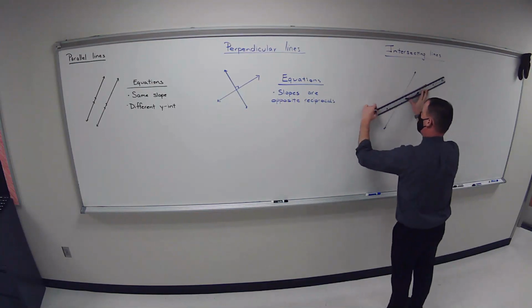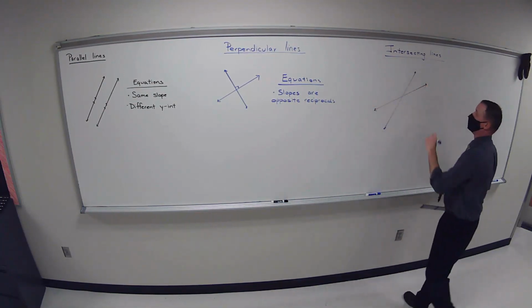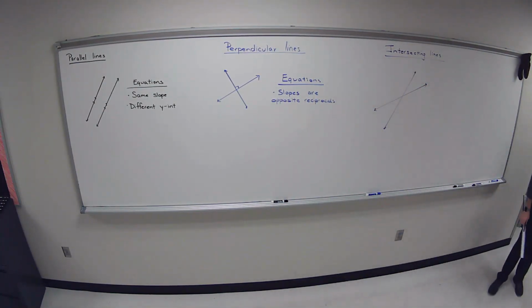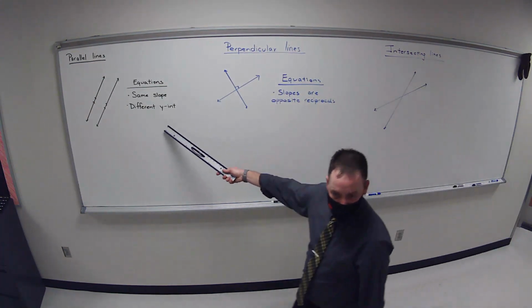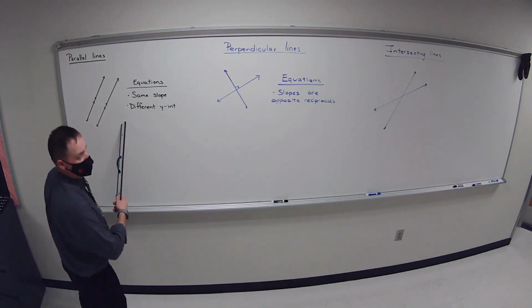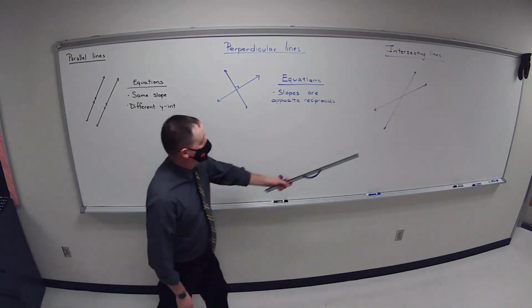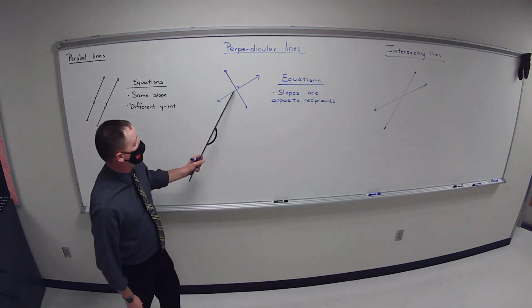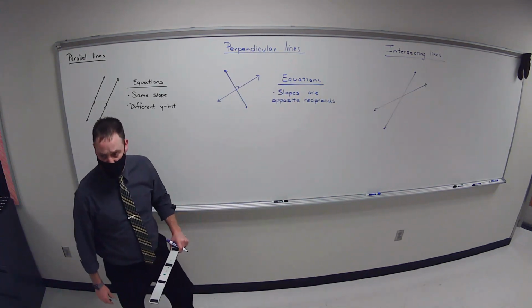Here's another. Those two lines intersect. So here's what you know. They're not parallel, because parallel lines can't intersect. But while these intersect, they don't intersect at a right angle, so they're also not perpendicular.